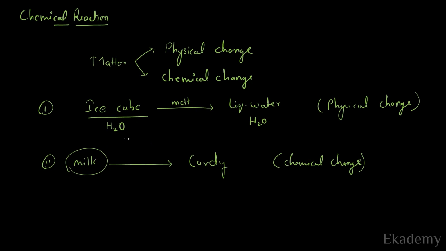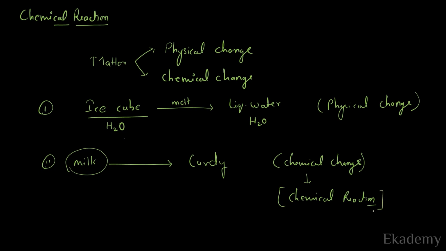Now we say that whenever chemical change is taking place, we call it as a chemical reaction. We say that chemical reaction has occurred here. So whenever there is a chemical change, we say that chemical reaction has occurred. So now you must be wondering, what is chemical reaction then?